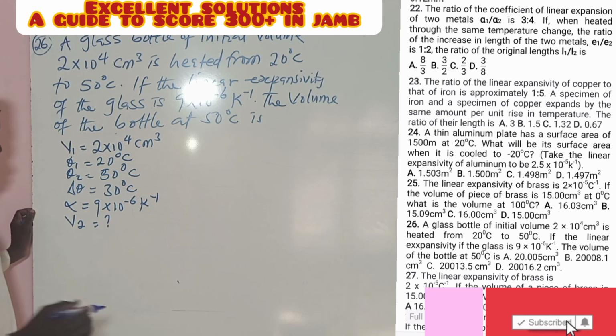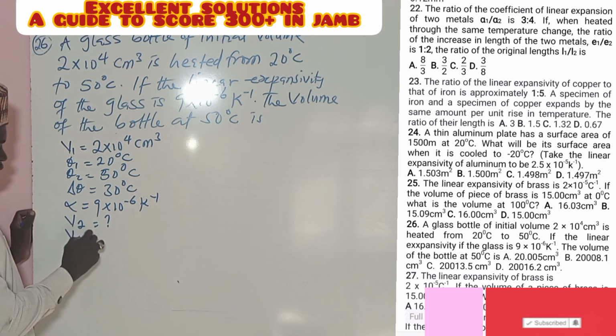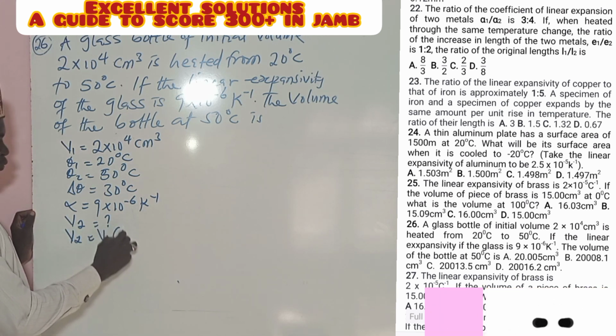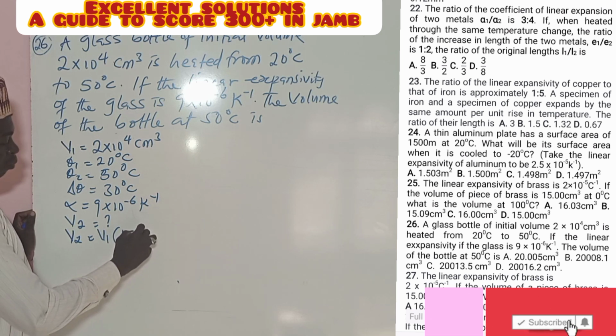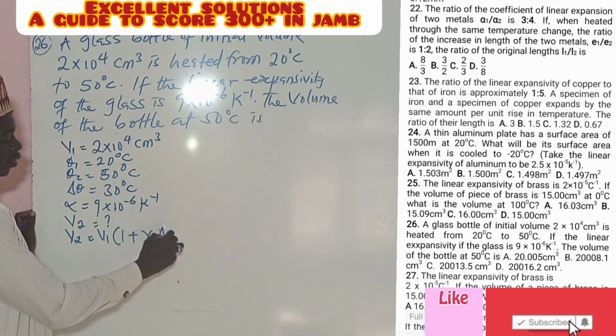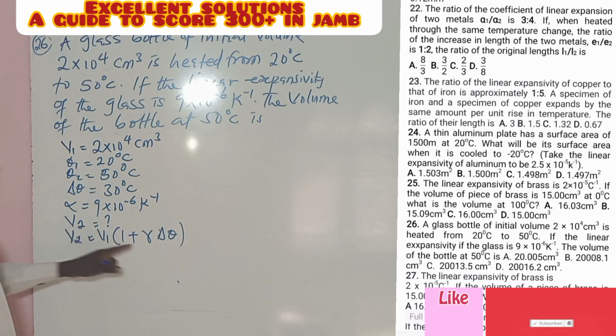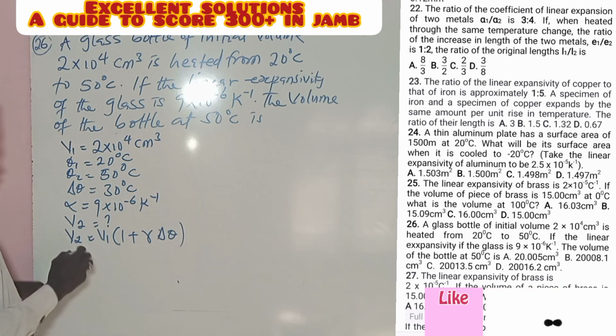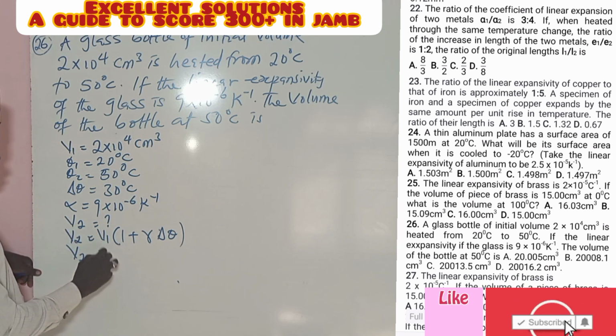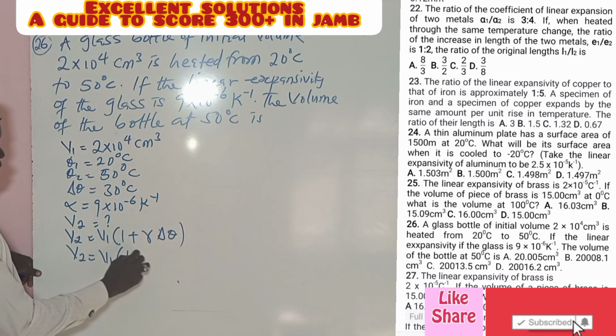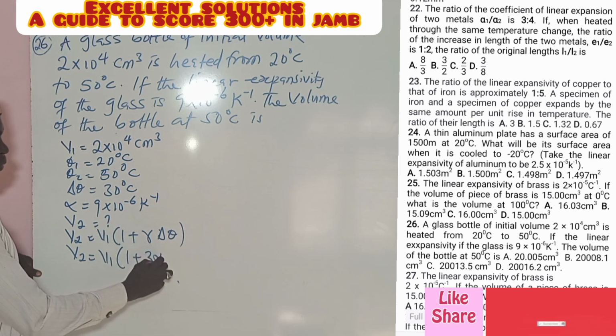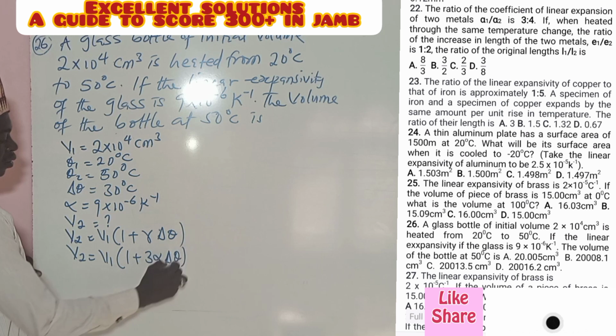So recall that V2 equals V1 bracket open 1 plus gamma delta theta. And we say that this gamma is the same as 3 alpha. So V2 equals V1 bracket open 1 plus 3 alpha delta theta.